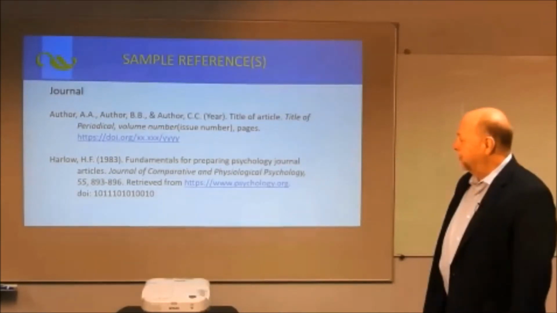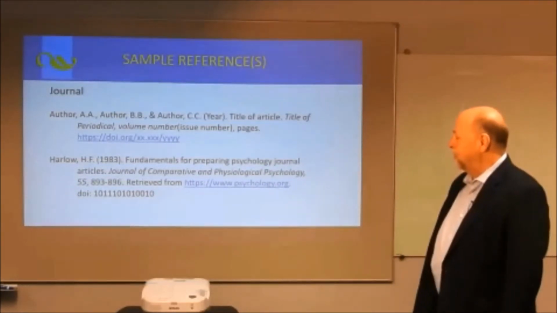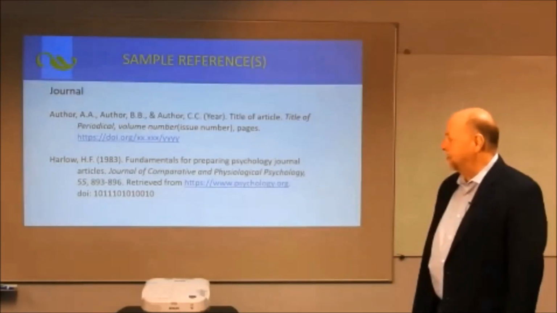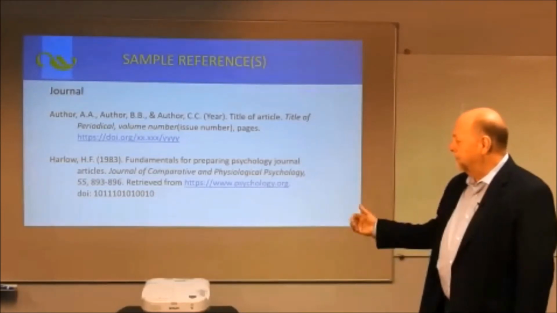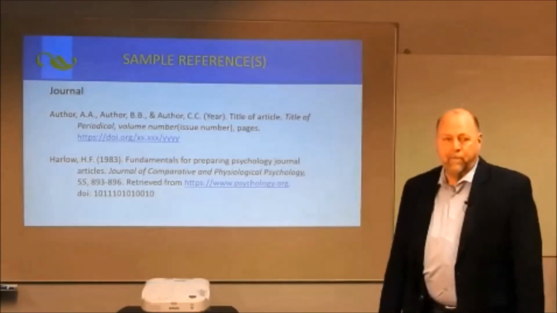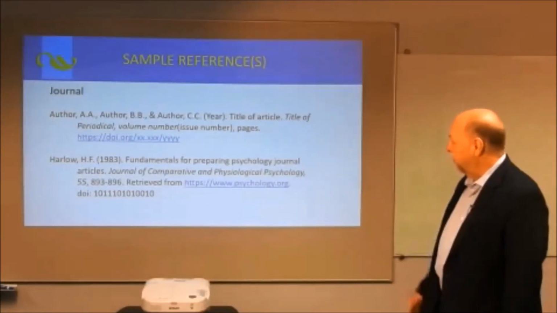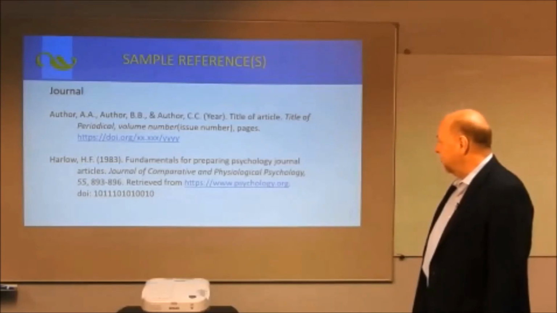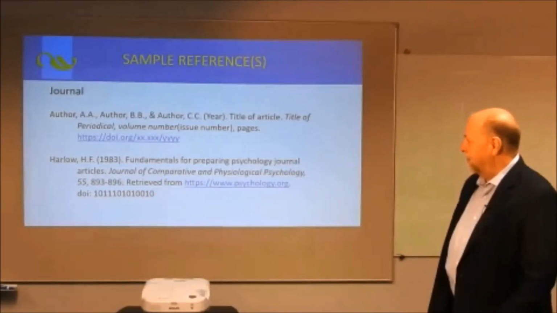Then you want to click on the italics tab, and the title of the journal is the Journal of Comparative and Physiological Psychology, volume number 55, comma, and then on this particular reference, the page numbers, 893 to 896. Shows where you retrieved it from, https://www.psychology.org, then a DOI number.